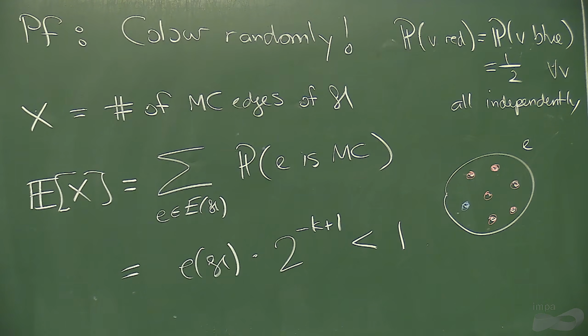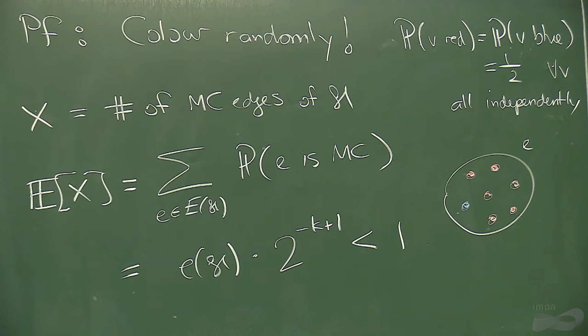Right. X is counting something. So it's a non-negative integer. It's 0, 1, 2, 3. If it's never 0, then it's always at least 1, in which case the average is at least 1. But the average is less than 1. So it must at least one time be 0.